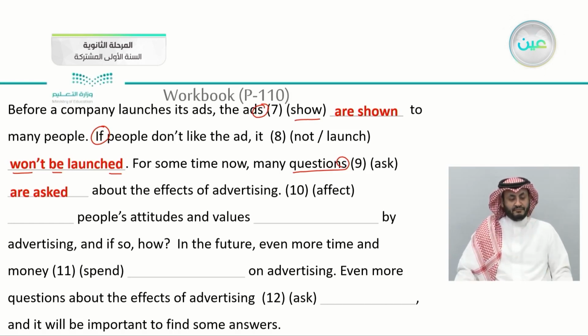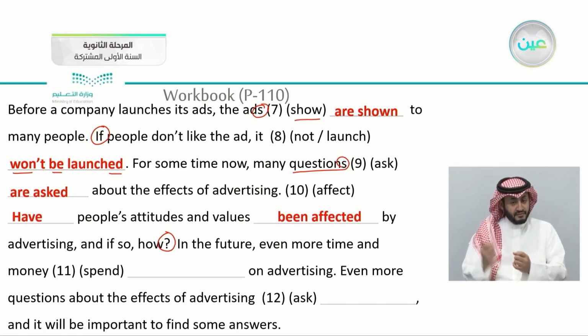Now it is a question. We will start with a question, so we need a helping verb. People's attitude and values by advertising. So have people's attitude and values, we will use affect, been affected. Have they been affected by advertising? And if so, how?